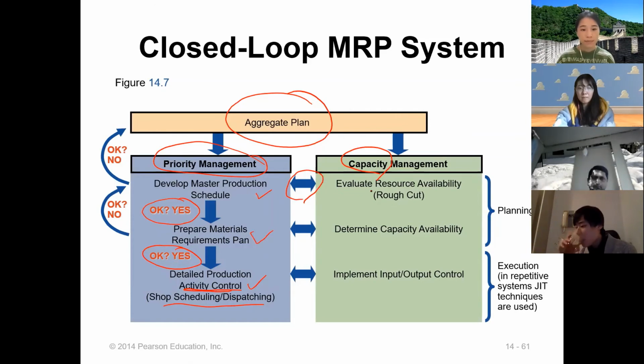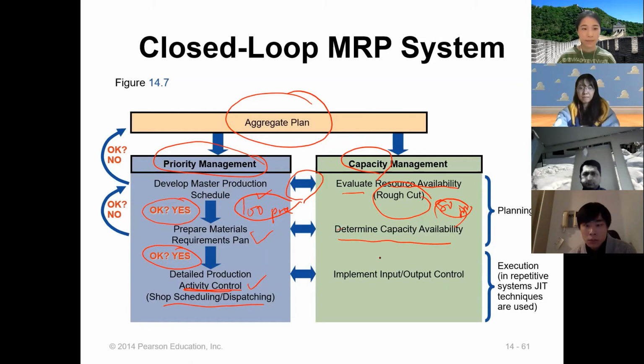And you must compare, that's why there is an arrow here, with your capacity. You evaluate your resource availability. This is called rough cut. If you need to produce 100 products, but your capacity can only produce 80 parts, you have to balance this. So you evaluate availability, determine capacity availability, implement input-output control.